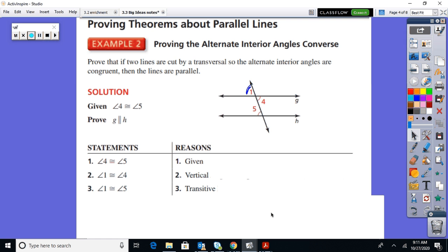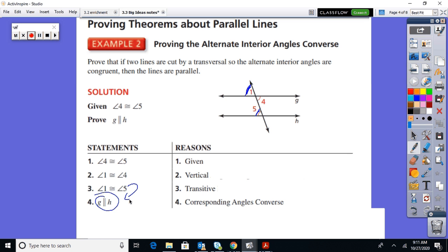And so now, see what you've done? You've proven that 1 is the same as 5. So therefore, if 1 is the same as 5, that's important stuff. This gives you the right to say the lines are parallel.